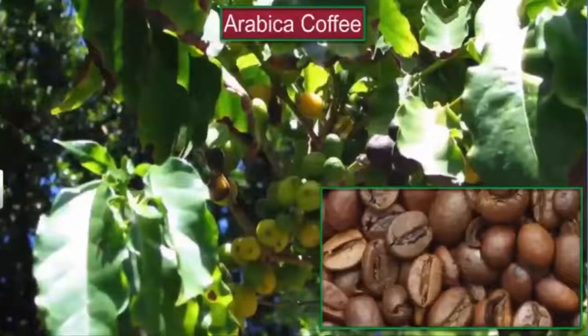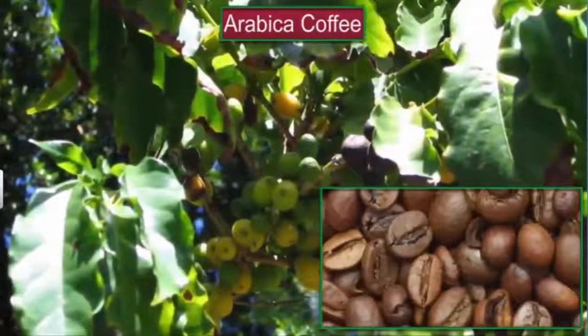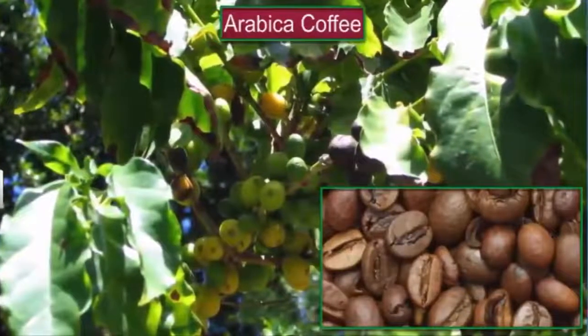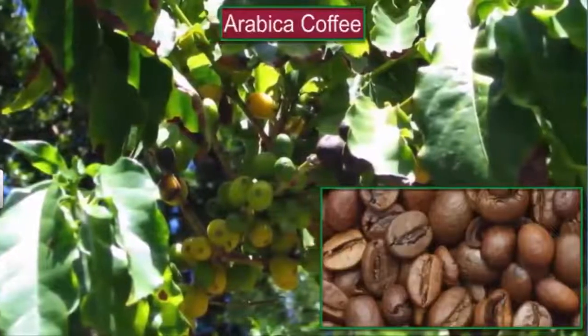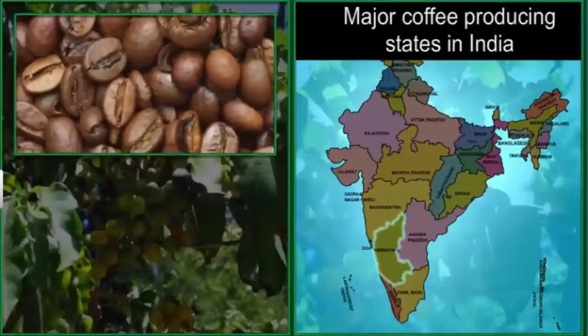The Arabica variety of coffee grown in India is appreciated the world over for its superior quality. Major coffee producing areas in India are the Nilgiris in Karnataka, Kerala and Tamil Nadu.